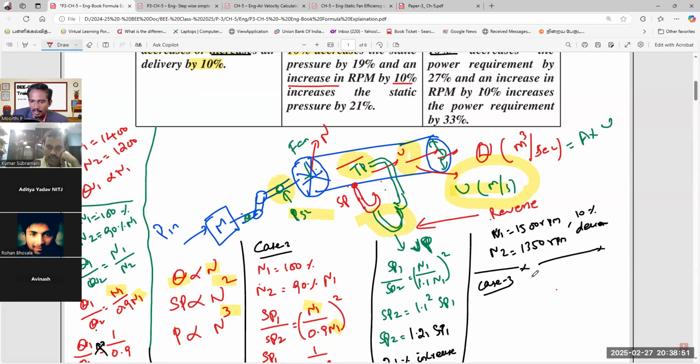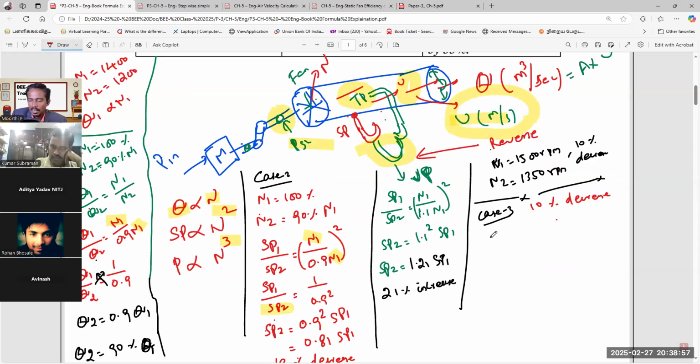So a 10% decrease. Write it 10%. How to calculate it? Power: kilowatt 1 divided by kilowatt 2 equal to how much? N1 divided by 0.9 N1, the whole cube.